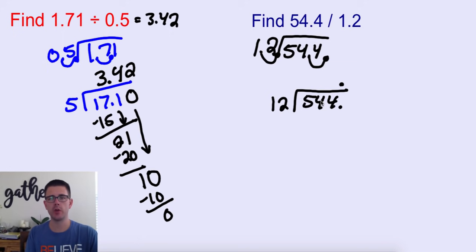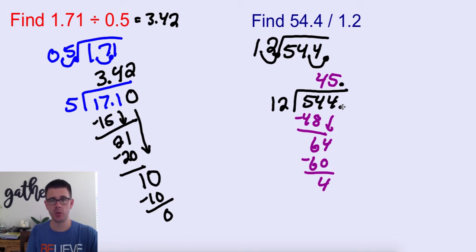So 12 goes into 54 4 times, which is 48. 54 minus 48 gives me 6, and I bring down my 4. 12 goes into 64 5 times, because 5 times 12 is 60. Subtract and I get a 4.